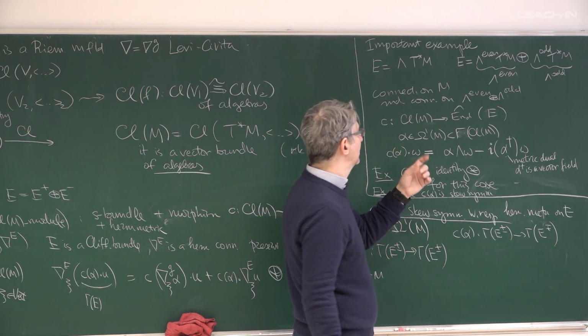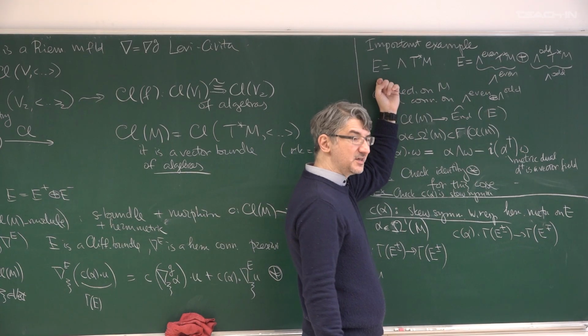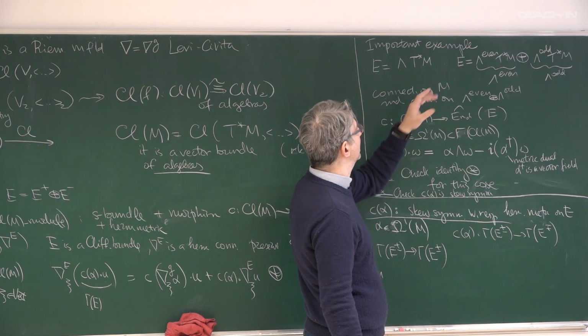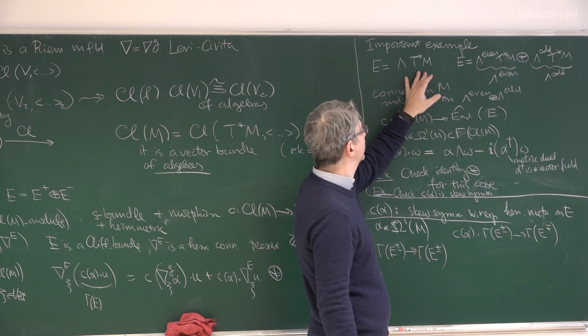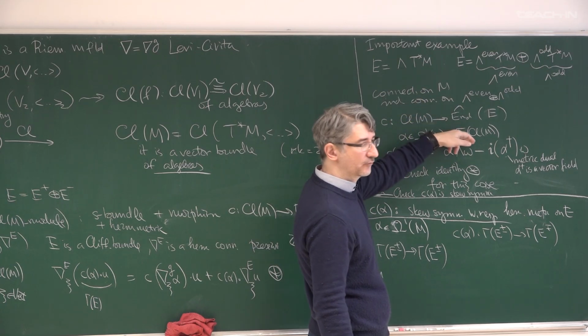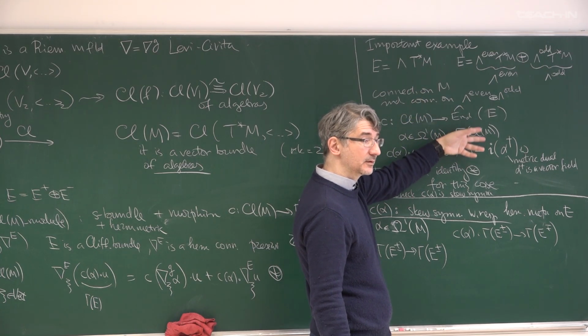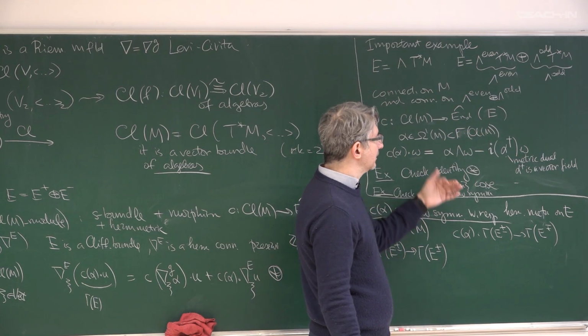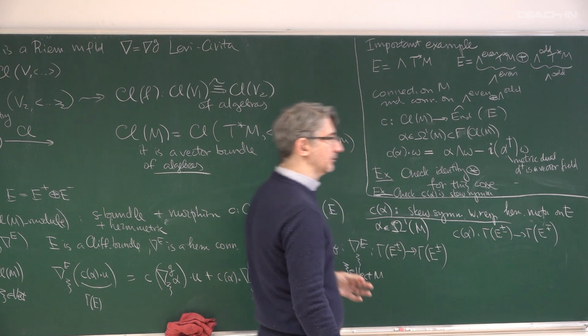Then you consider not this vector bundle E, but one constructed from topological data. For example, it can happen that the manifold M has a spin structure, and it has a much more interesting collection of vector bundles with action of the Clifford algebra. Spinor bundles. And then you obtain some other invariants of the manifold.